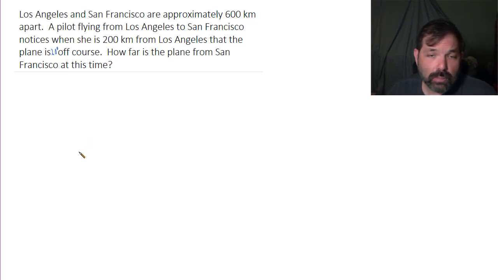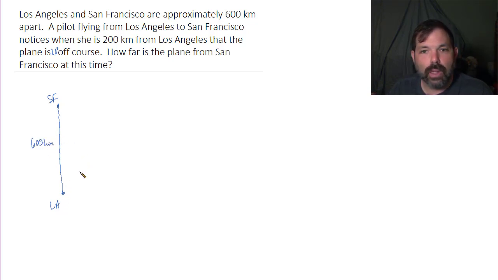Alright, so we don't really need to know much other context. If you don't know the geography, Los Angeles is roughly south of San Francisco. So if you wanted to draw this, here's San Francisco, and here's Los Angeles, and we know that the distance between them is 600 kilometers. Now, the pilot is flying from LA to San Francisco, and notices when she is 200 kilometers from Los Angeles that the plane is 20 degrees off course.